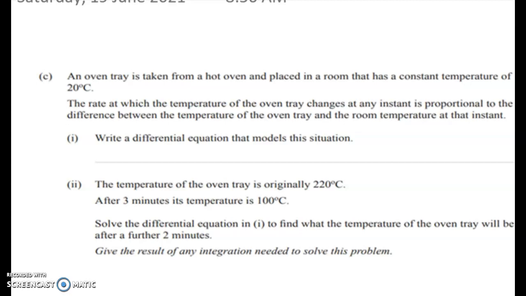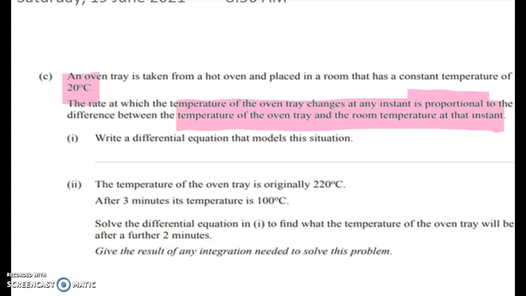So as usual, reading carefully, the oven tray is taken from a hot oven and placed in a room that conveniently has a constant temperature of 20 degrees Celsius. The rate at which the temperature of the oven tray changes at any instant is proportional to the difference between the temperature of the tray and the room temperature at that instant, and we know that that's always 20.